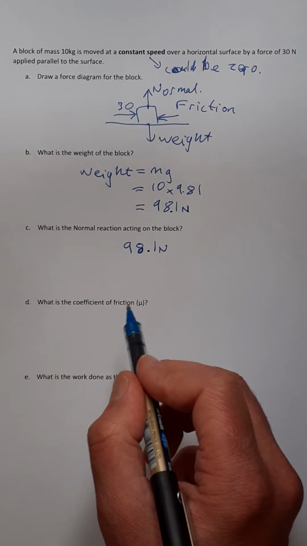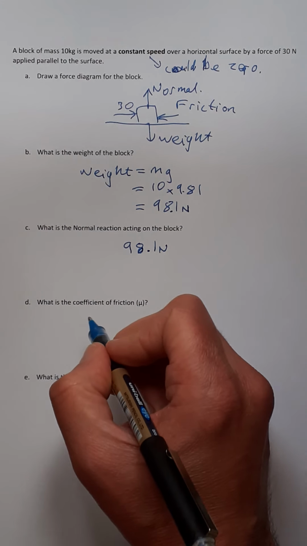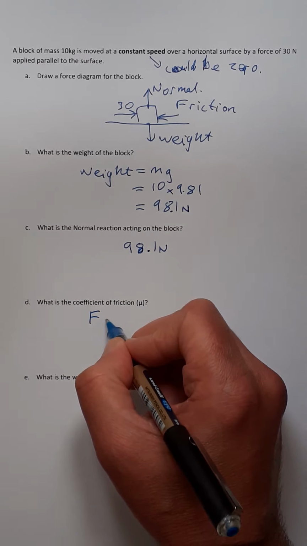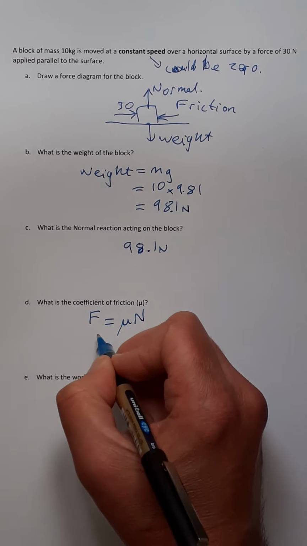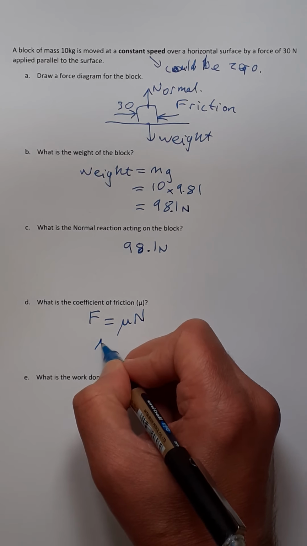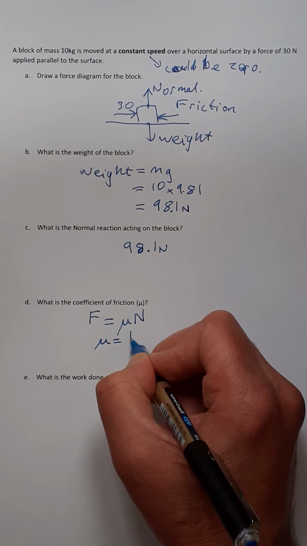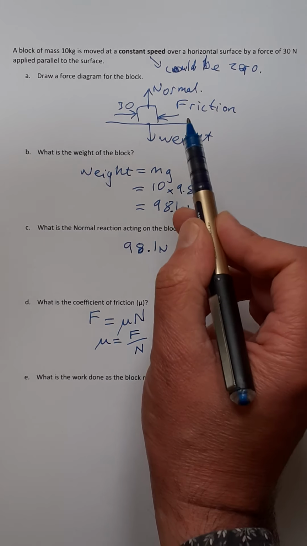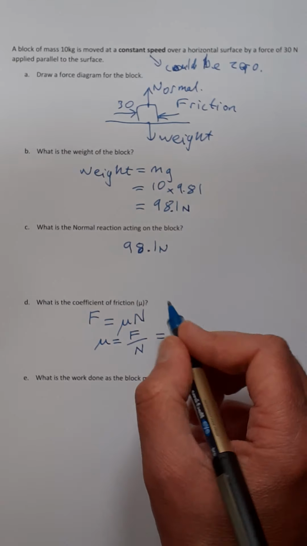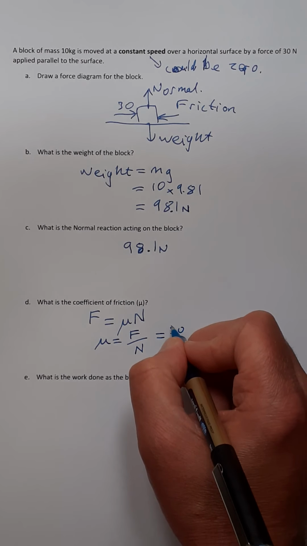And the coefficient of friction, well, let's have a look. My formula from the previous page said F equals mu times N. A little bit of rearranging again. mu equals F over N. The force from the side, or the friction, is 30.